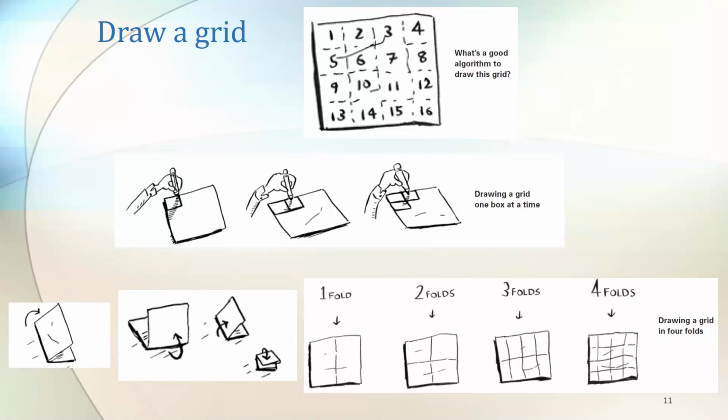So I draw one box for each one of the numbers, all 16 numbers. Or I just fold the paper one over one. So for the first method, I just draw each box, and I have 16 boxes to draw. What is the complexity of an algorithm like that?